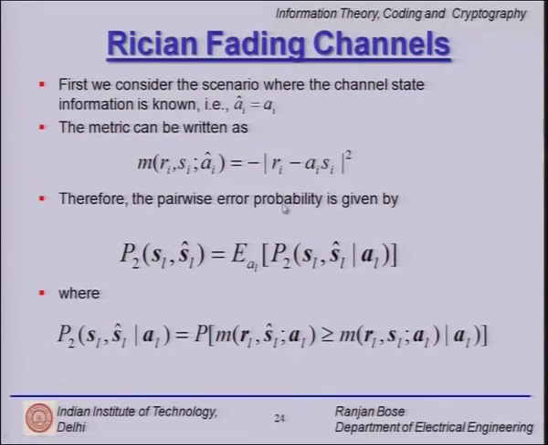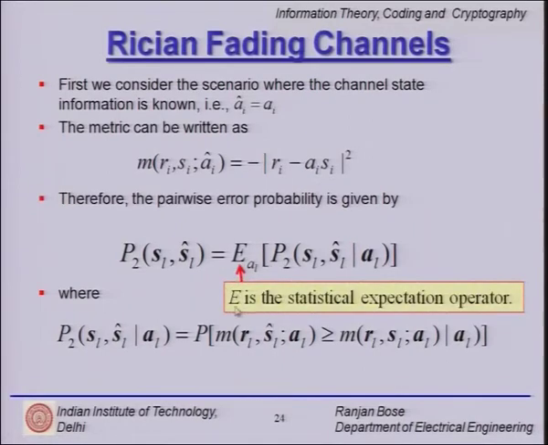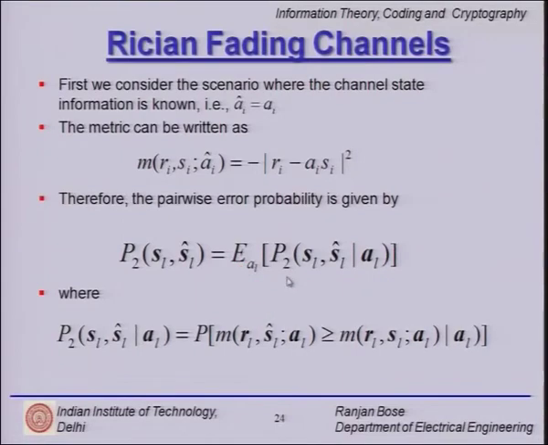So, the pairwise error probability P2 between S_L and S_L hat is given by E over A_L. This is the statistical expectation operator, and this is P2(S_L, S_L hat given A_L).